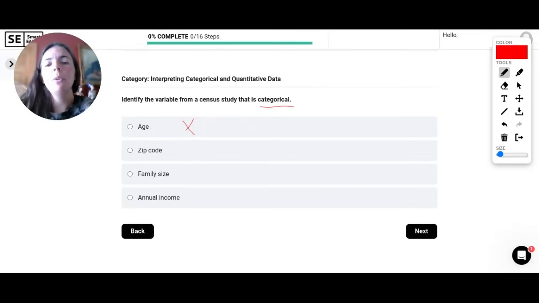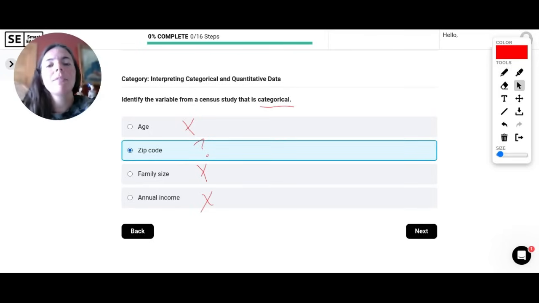So a zip code is not actually something that you could count. So I'm going to come back to this. This is kind of an interesting one. Family size. That's pretty straightforward. That's quantitative. You have 1, 2, 3, 4, 5, however many people in your family, you can count that. And annual income, again, the amount of money that you make is on that spectrum that you can count. So zip code is the only one here that is not a quantitative piece of data. It is actually categorical.